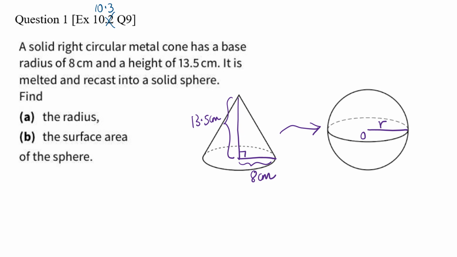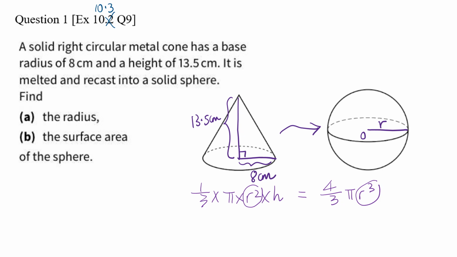So the formula to find the volume of a cone is 1/3 times pi r squared times height. So the volume of the cone will equal the volume of the sphere, which is 4/3 pi r cubed. Now, this radius and this radius are not the same. So if you write it like that, it's very confusing.